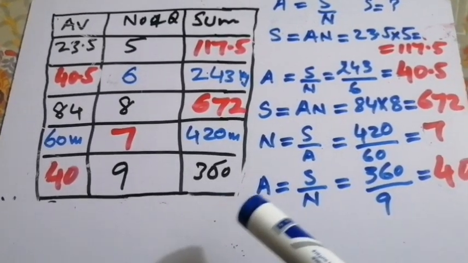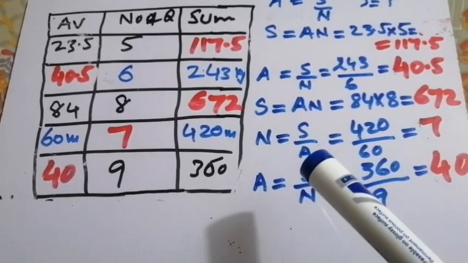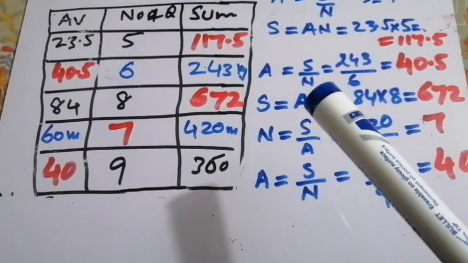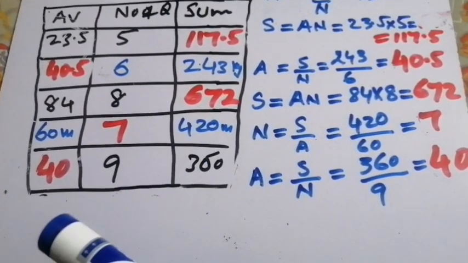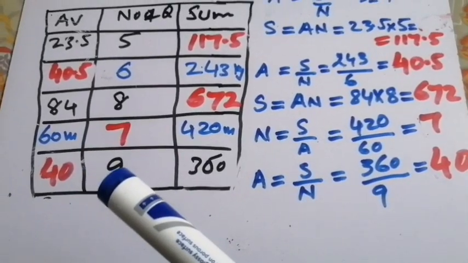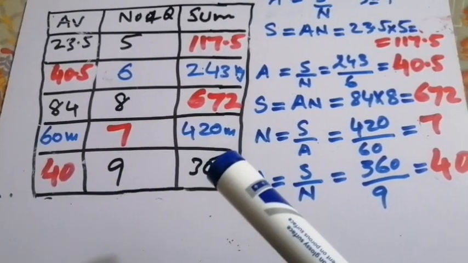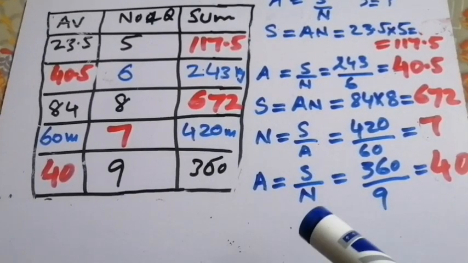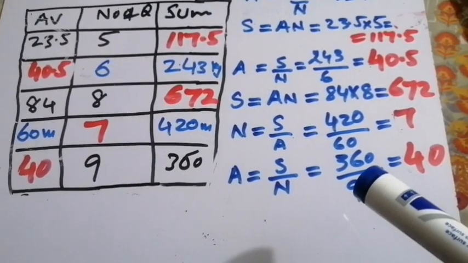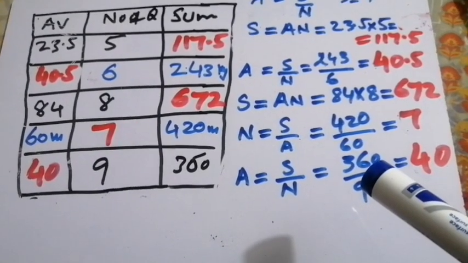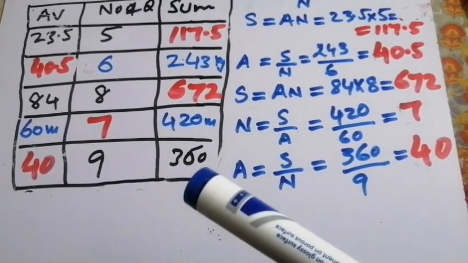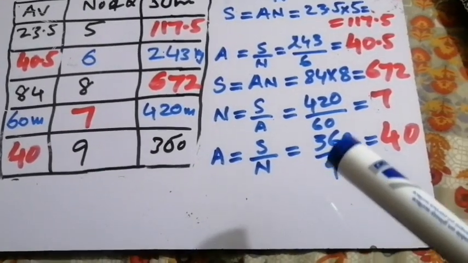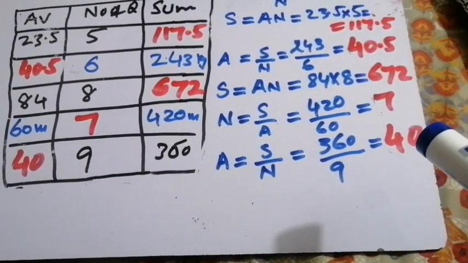Now the other one: we have to calculate the average, where the number of quantities is given and the sum is also given. So A is equal to S over N. S value is 360 and the number of quantities is 9, and we get 40.